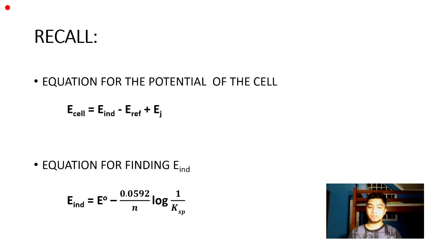Then the equation for finding the E indicator is equal to the reduction potential table value minus 0.0592 over n, which is the number of moles of the given, times the logarithm of 1 over Ksp. We will be needing this for the future problems, and I will explain that later.